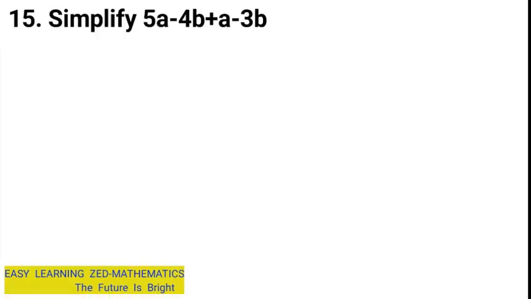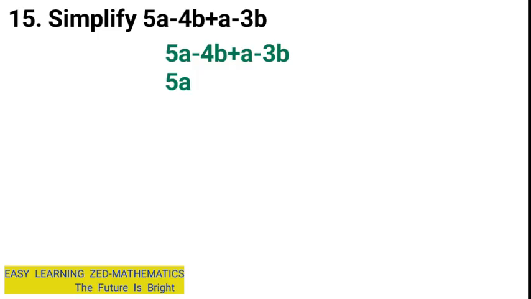Question 15 was simplify 5a minus 4b plus a minus 3b. Okay, so what you need to do here is you need to simplify this term. So what we'll do is we're going to rewrite it down here. Once we have done that, then the next thing we need to do is put like terms together. So what I'll do is I'm going to write 5a, then I'm going to look at any term that has got a in it.